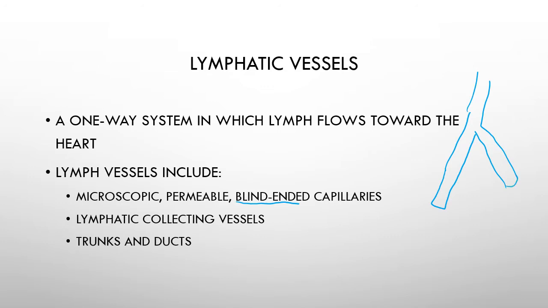And in those ends, they're going to have little valves that allow fluid to come into them, but not go back out once it's actually in there. Those smaller microscopic capillaries then get into larger vessels, and so we have these collecting vessels, and then eventually the vessels lead into trunks, the trunks lead into the ducts, and then the ducts back into our venous system.